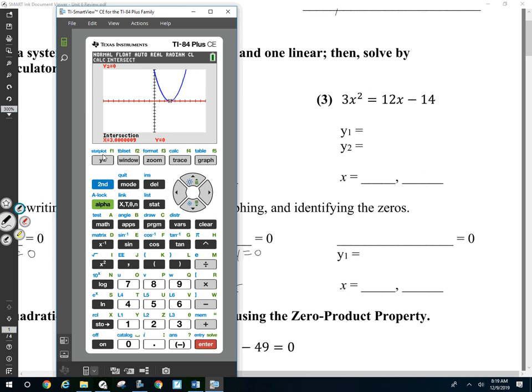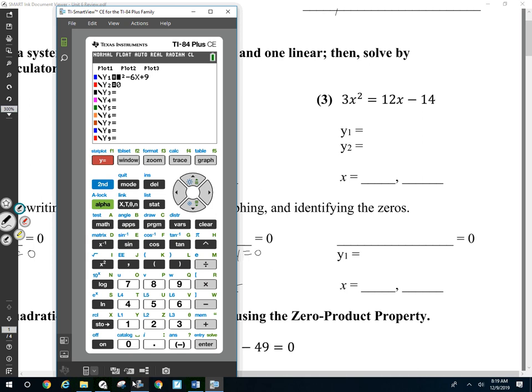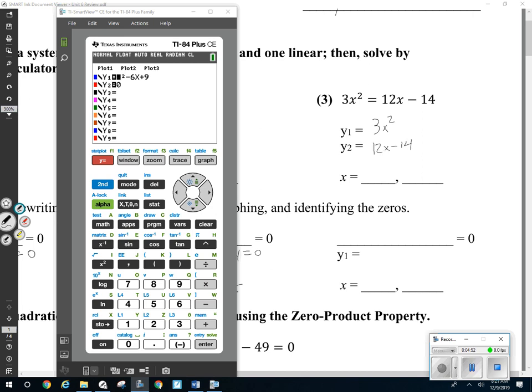Let's look at this third one. All right, so we could either have 3x squared and then 12x minus 14, or maybe subtract 12x, add 14, you get 3x squared minus 12x minus 14 equal to 0. So one side, the other side. Let's try both ways. Maybe one way will be easier to visually see than the other.